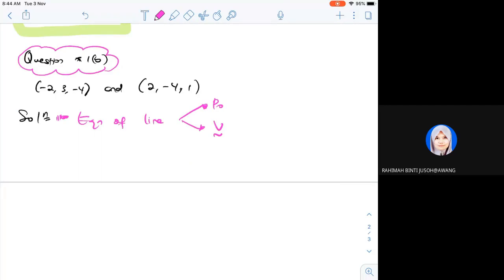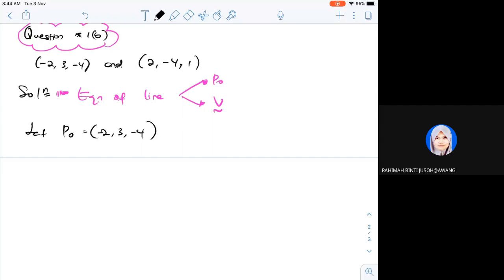Actually, in topic 1.4, we can have more than one solution. Untuk topik 1.4 saja, you akan ada banyak solutions as long as you fulfill the rules of lines and planes. There are lots of possible answers. Let's say we let P naught equal -2, 3, and -4. That is our P naught.